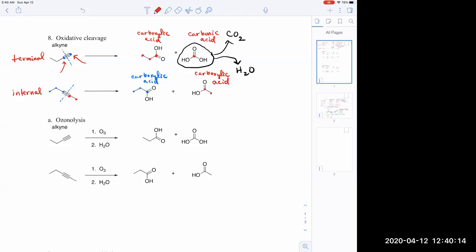Okay, now this is where it is different from an oxidative cleavage of an alkene.